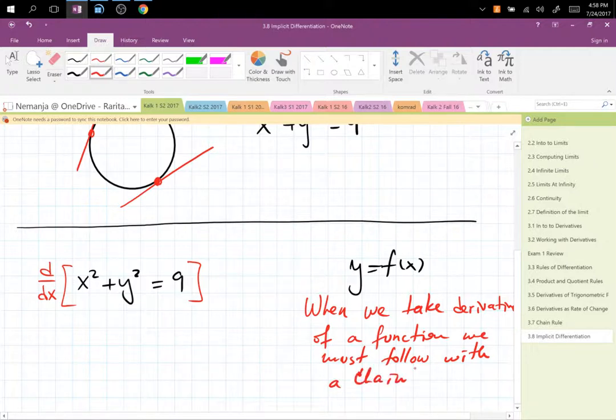And here it is. The derivative of x squared with respect to x is 2x. The derivative of y squared with respect to x is 2y times, you can put y prime, or you can put dy dx, whatever. And then the derivative of 9 is 0.